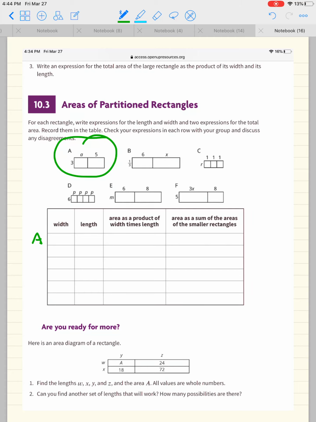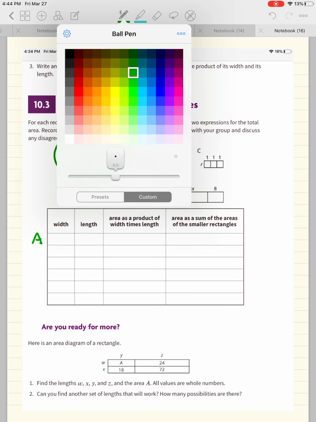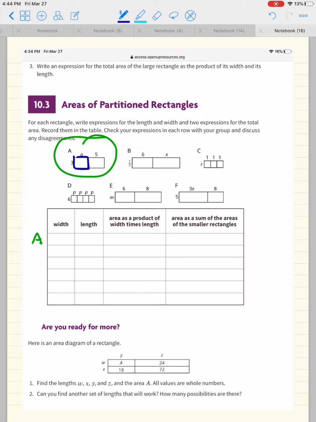Let's look at this first one, okay? So that one's going to go right here. I'm going to put an A there so we know which one it is. Now looking at this rectangle, the expression for that is going to be 3 times A. And then if you're looking at the rectangle next to it, you have 3 times 5.